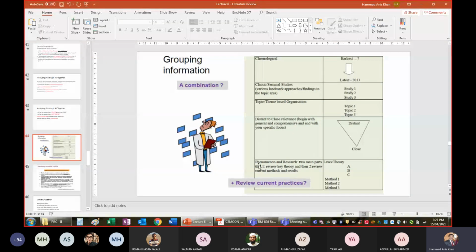Or you can use a phenomenon and research approach with two main parts: review the key theories, then review the current methods and results. There are different combinations which researchers adopt in their literature review. You can use any one of them.